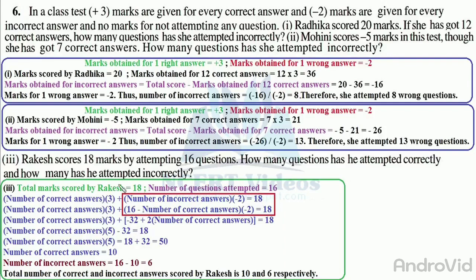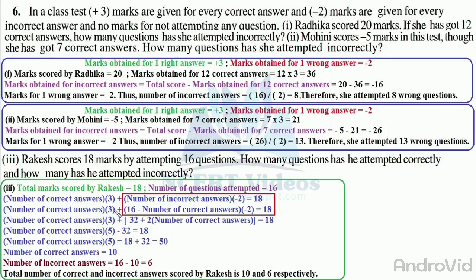Now writing the same thing here, plus solving this thing. Number of incorrect answers will be 16, that is total attempted by him, minus number of correct answers. So this will give him the number of incorrect answers. And again, minus 2 as it is equal to 18.